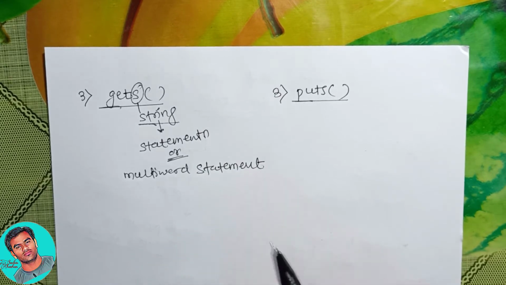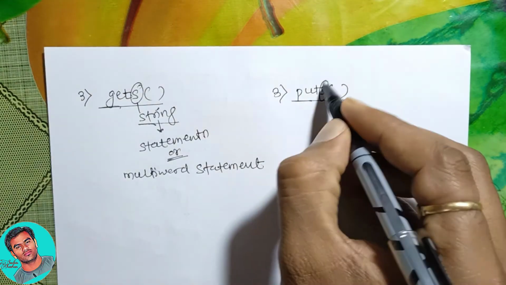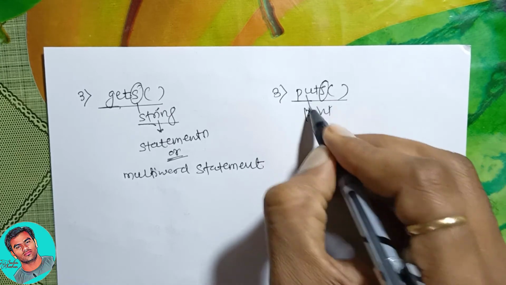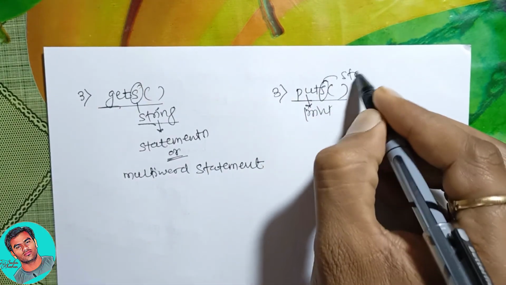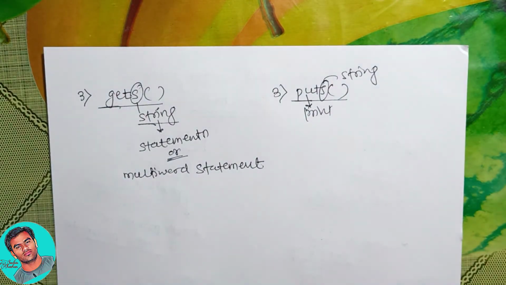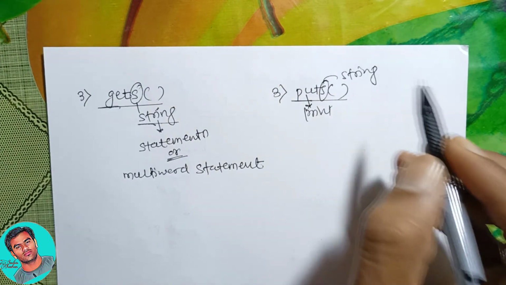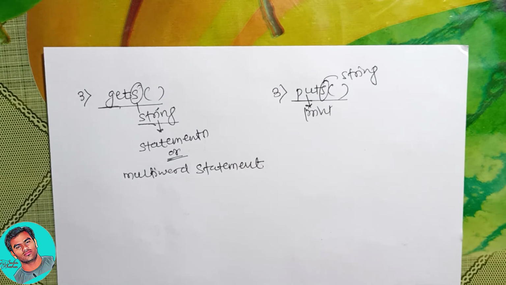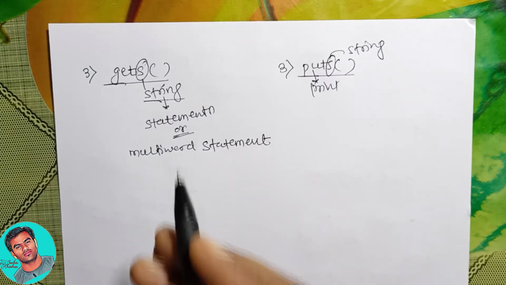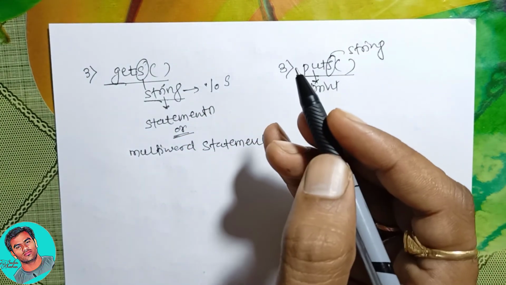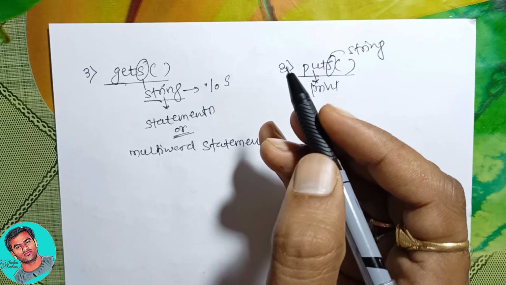Put is for print and s is for string. That is the main function of puts, to print a string on a console or an output screen. For this string we use the access specifier %s to print a string.